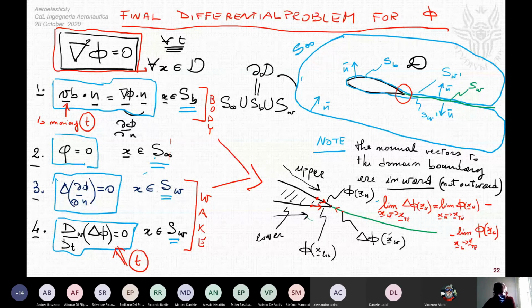And this is the mathematical formulation of, do you know this regularity condition, the name of this regularity condition? Do you have any name to propose for this regularity condition? No, anybody? This regularity condition is also known as Kutta condition. Kutta condition.